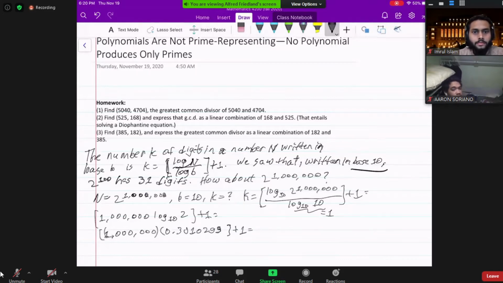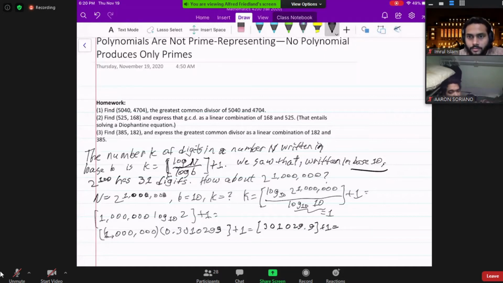Multiplying by 1,000,000, moving the decimal point over 6 places, we get 301,029.9 plus 1.